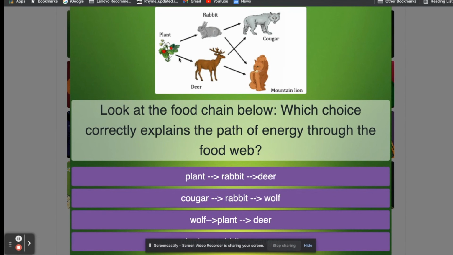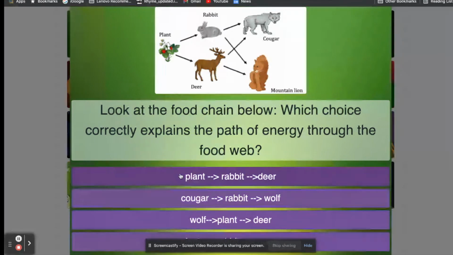But the plant can also be eaten by a deer. If a deer eats a plant, a deer can also be eaten by a cougar and a mountain lion. So let's look at our choices. Which one of these choices is correctly showing how the energy is being transferred through the food web?